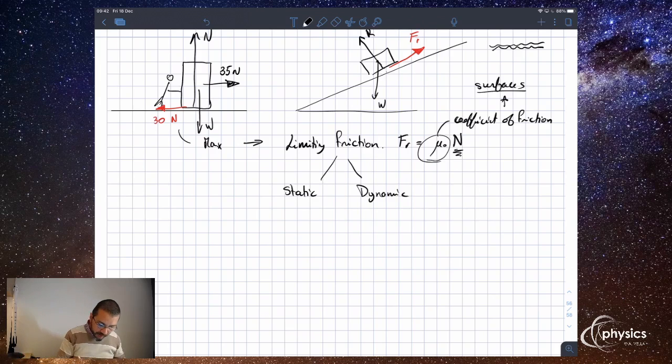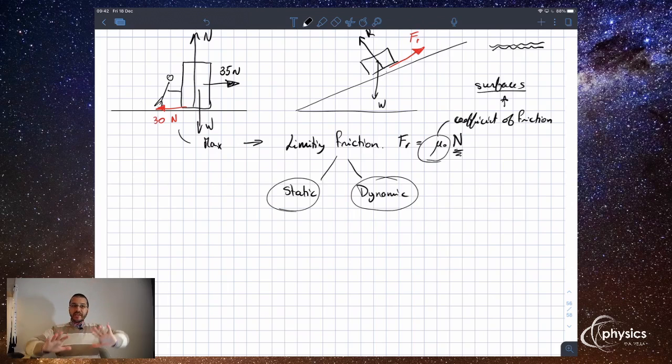In fact, the limiting friction for the dynamic friction, so when the object is moving, is actually smaller than for the static. That's why when you are trying to move the wardrobe, at the beginning it's very difficult to start moving it because the limiting friction of the static friction is very large. So you have to exceed that friction to start moving.